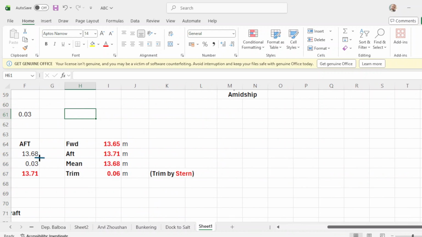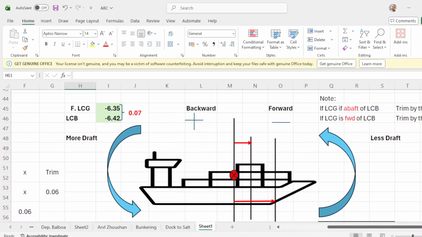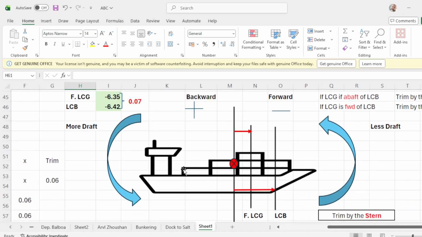Now if you look at the figure here, your final LCG is negative 6.35, and your LCB is negative 6.42.